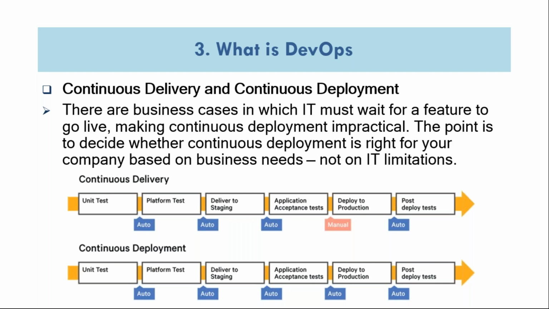These different scenarios can be broken down, and those flows can go into continuous deployment. That depends on how you limit it and how the business needs match continuous delivery and continuous deployment.